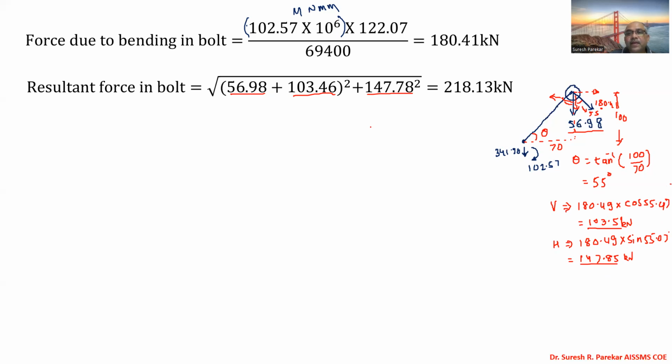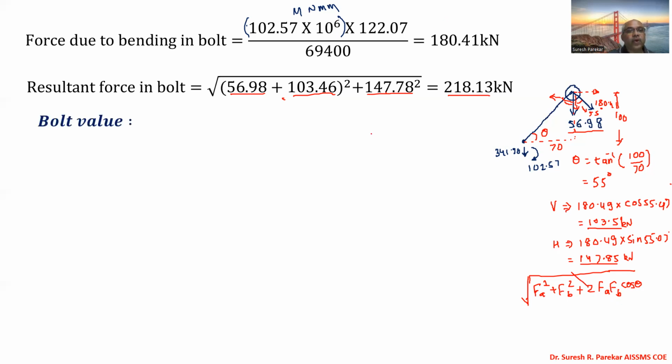From this I get vertical and horizontal, and that gives me 218.13 kilonewton, which is the resultant. You can also find this force using the formula Fa square plus Fb square plus 2 Fa Fb cos of theta. You will get the same answer, because this formula is derived using this only.